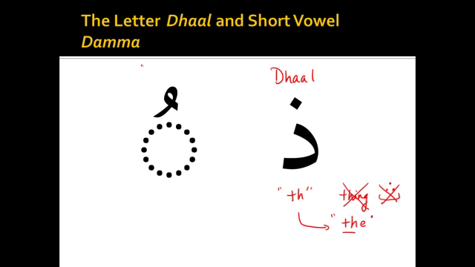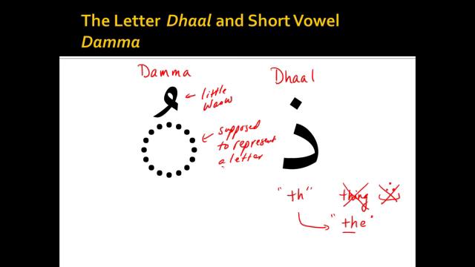Our second letter that we're going to discuss, actually it's a short vowel, is called the Damma. Now this circle of dots is supposed to represent a letter. So any given letter might have this little wow that sits on top of the letter.